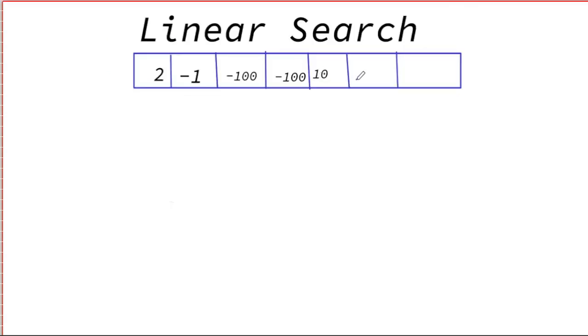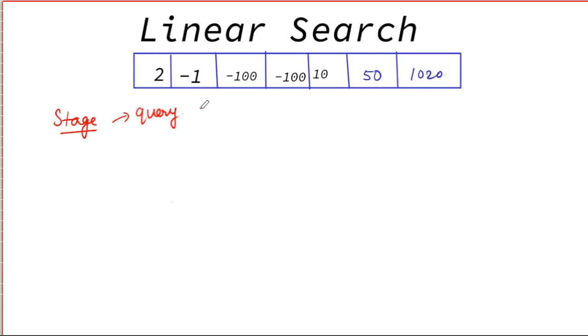So let's say the numbers are 2, -1, -100, 10, 50, and 1020. The stages in any search include two parts. First, a query is asked.